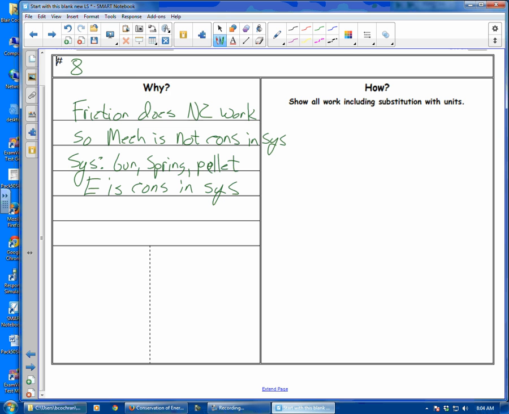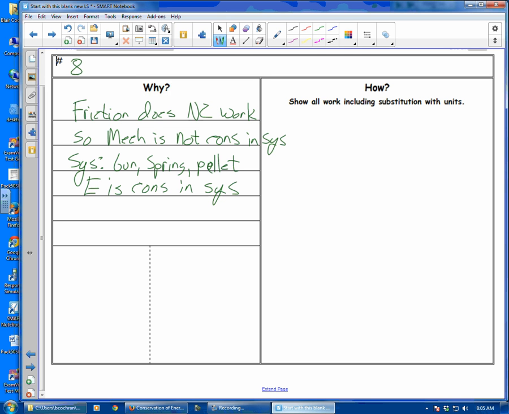Remember, that word mechanical doesn't refer to some machine, it refers to being about motion. All right? So we're saying that not all the energy stays about motion, but the energy is constant throughout the system.